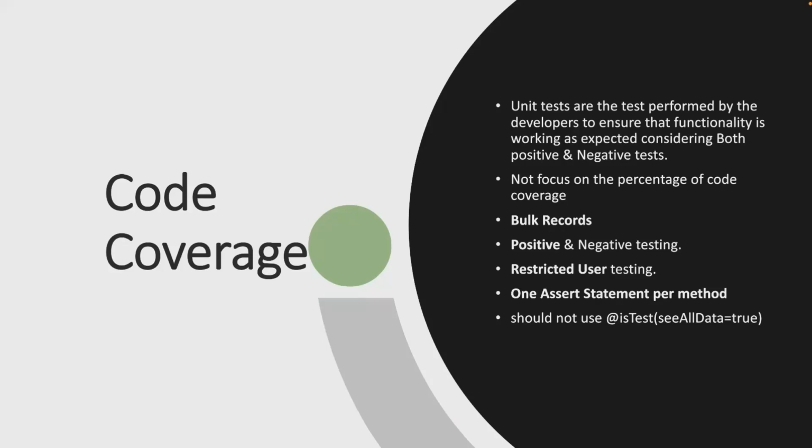We should keep some points in mind whenever we are writing test code coverage. We should use assert statements whenever we write any test method, and we should not use SeeAllData=true, because SeeAllData=true will take our real database to perform any DML operations.